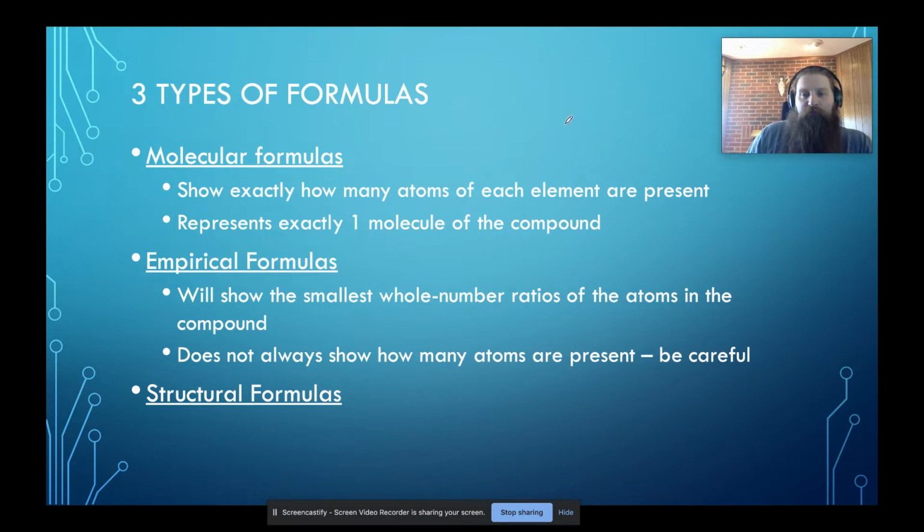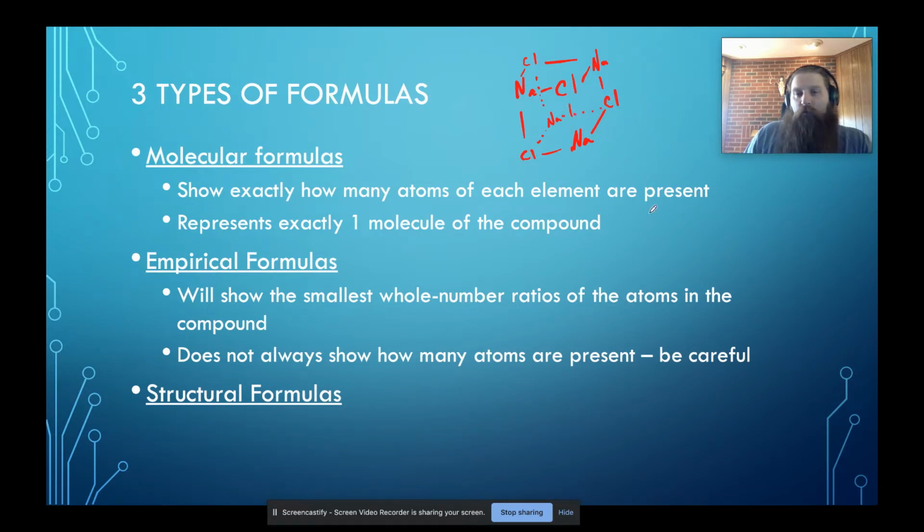If I have salt, I have Na bonded to Cl. That's the formula we use, but in reality, it actually forms a cube, like so. And back here, there is an Na, like that.